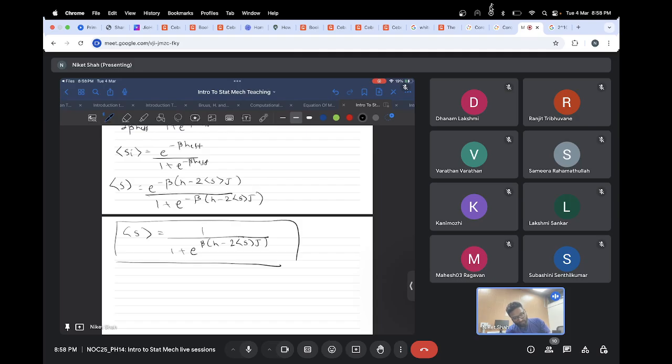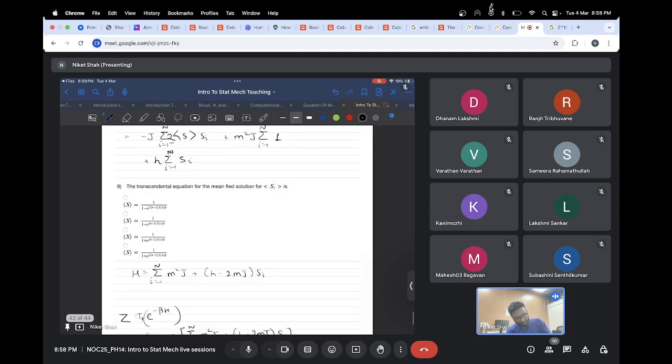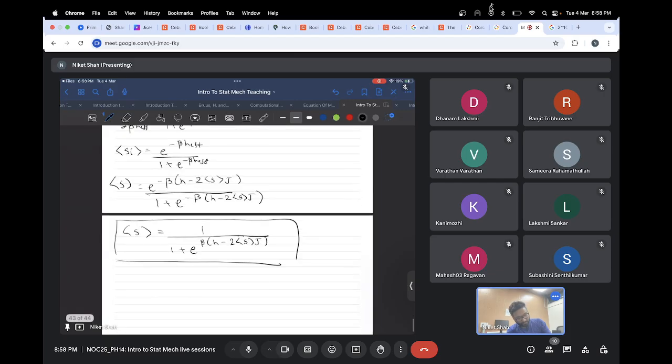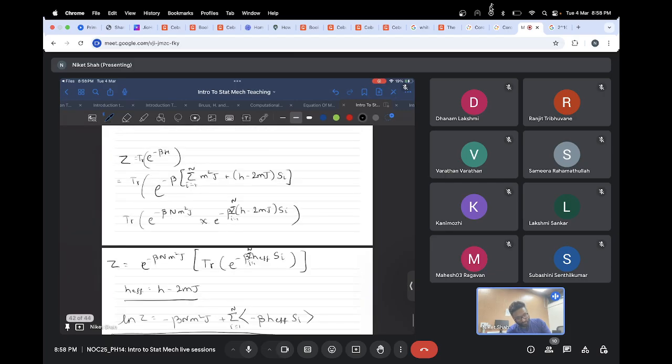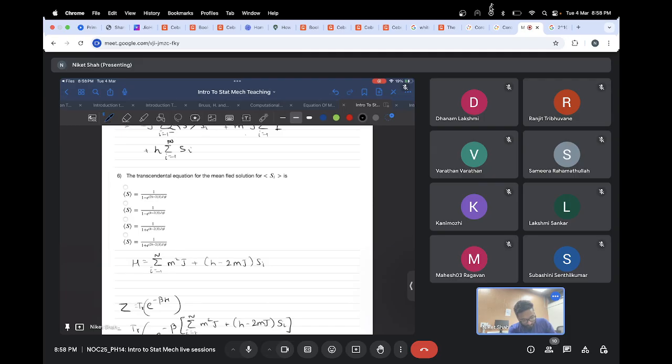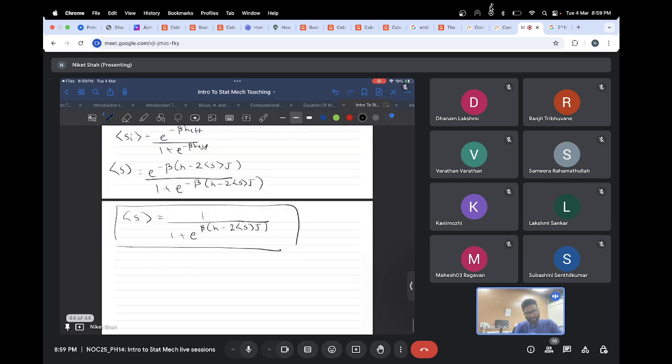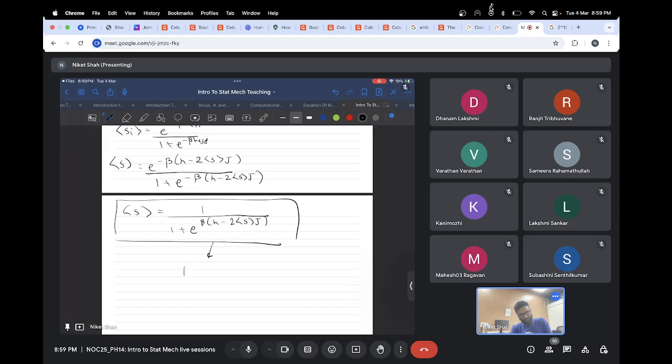This is the final transcendental equation I get. So this is what we end up getting as the answer. This is my transcendental equation.